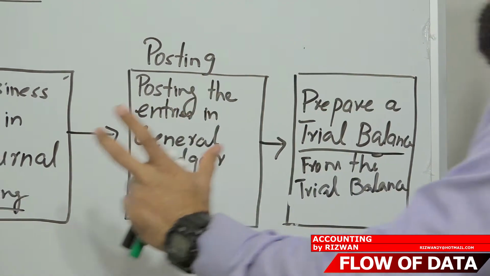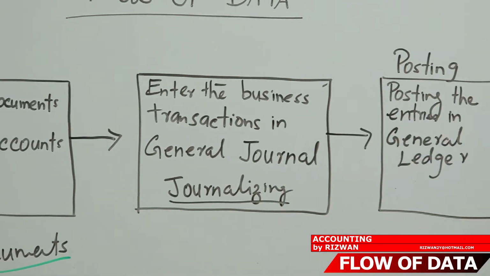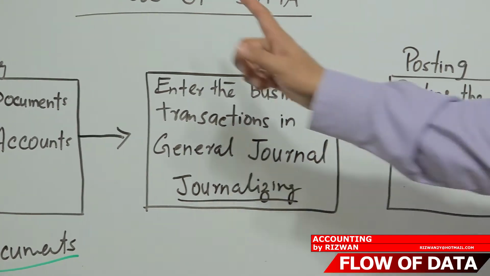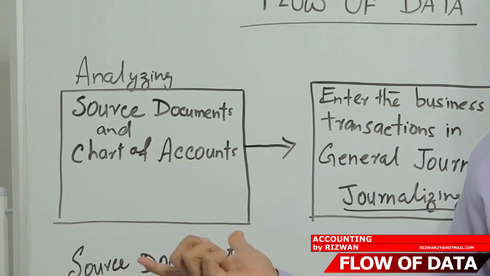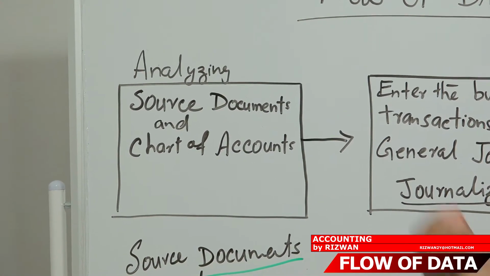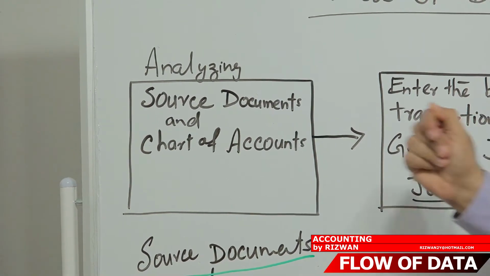I'm going to elaborate on these things more in my other lectures. But for now, you just need to understand this part. Analyzing means source documents and chart of accounts. What are source documents? What is the need for source documents? Let me tell you one thing, guys.